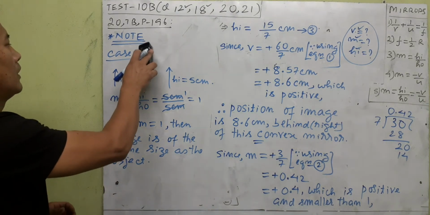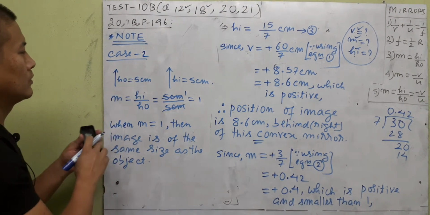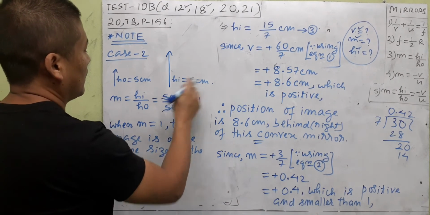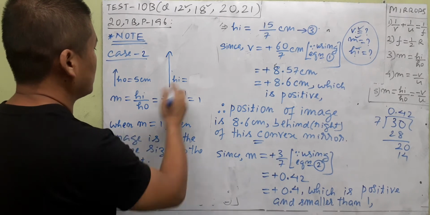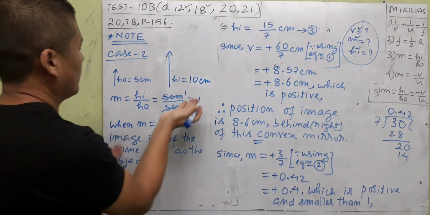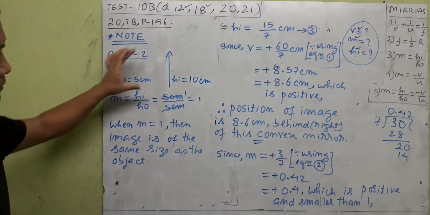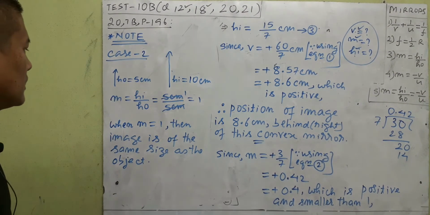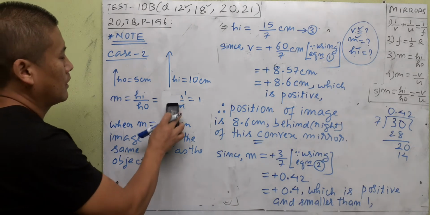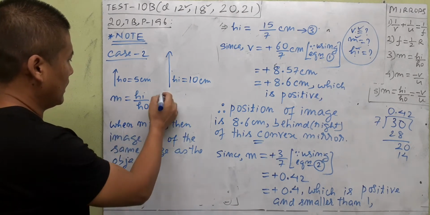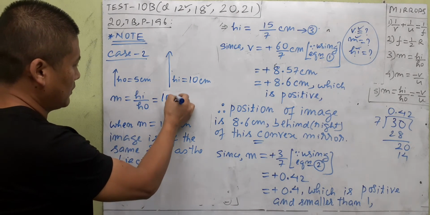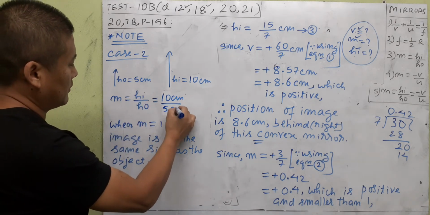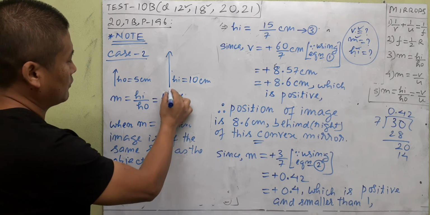Write down. In case 2, let us say the height of the image is taller. Let us say it is bigger than the object, 10 centimeter. Very clear that the object is only very short, 5, but the image formed by the mirror is taller. So in such a case, what will your M be? Let us see here. HI is now 10 centimeter, as you can see, by HO 5 centimeter. So centimeter is gone and 5 2s.